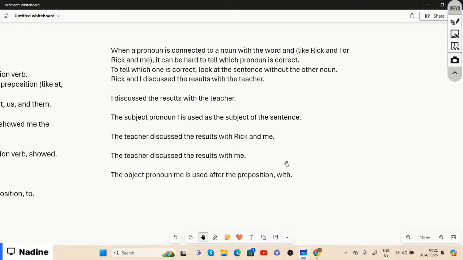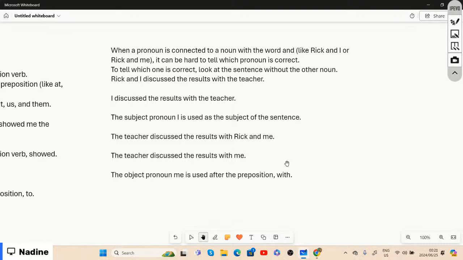To tell which one is correct, look at the sentence without the other noun, for example, without the word Rick. So it's like you are removing Rick, and then you see if it's a subject that is doing something or if it's the object that is receiving something.